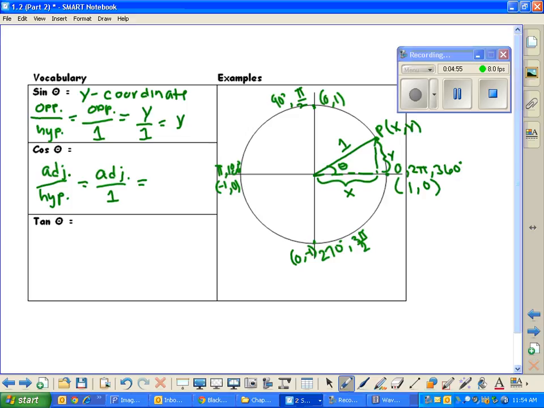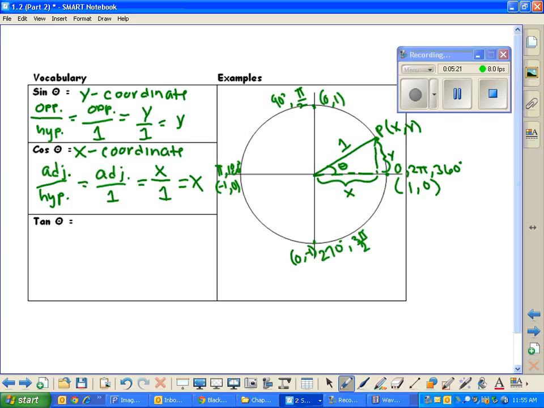We did that with our investigation where we moved those triangles around. This was always the x distance, and it was also always adjacent to our angle, no matter what quadrant. So we can replace adjacent with x. And x over 1, that's just x. So once again, we've established that the cosine is the x coordinate.